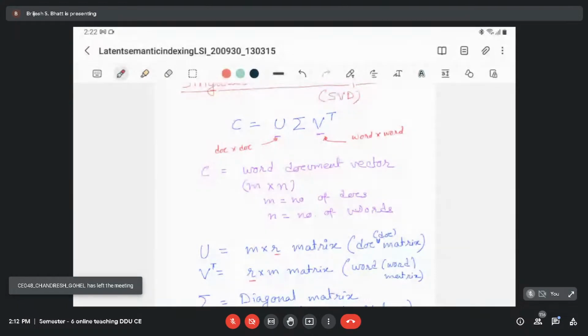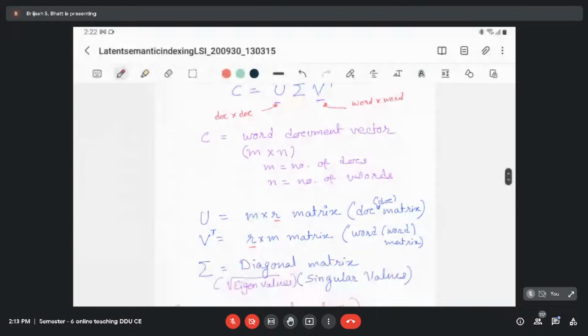V transpose is an r cross n matrix, which is word-wise, and sigma is an r cross r diagonal matrix, which again contains our superhero eigenvalues, but it is the square root of eigenvalues, which we call singular values here. So any m cross n matrix can be broken down into these three: m cross r, r cross r diagonal, and r cross n.